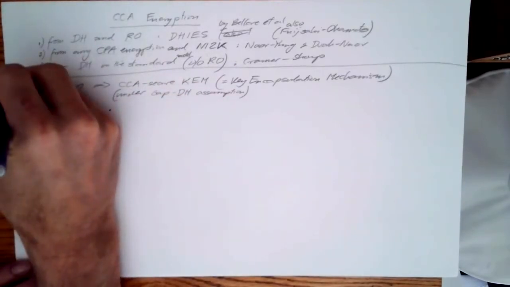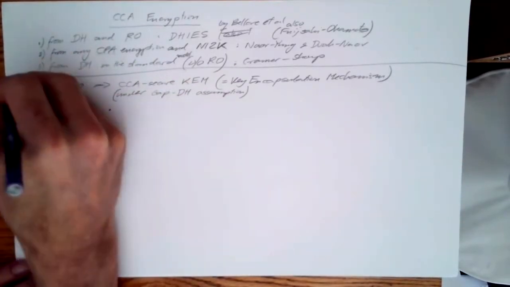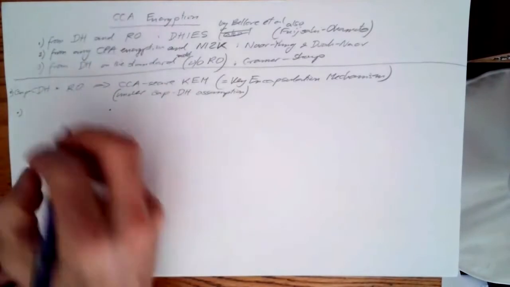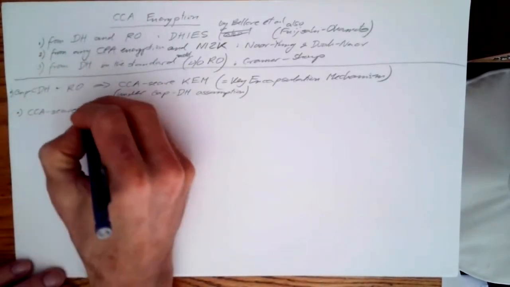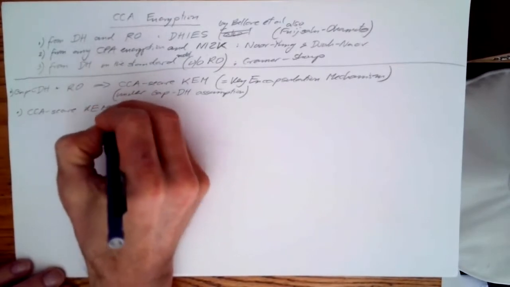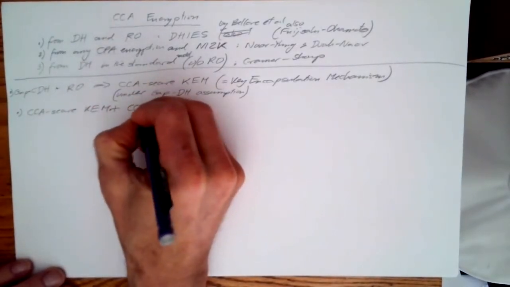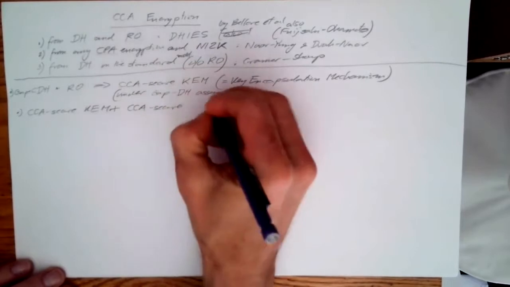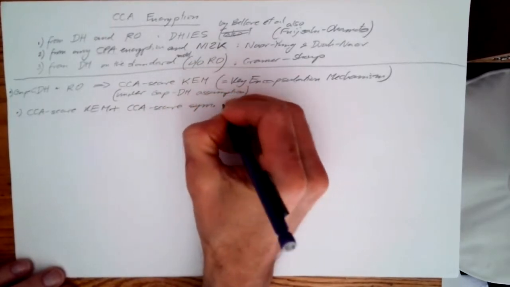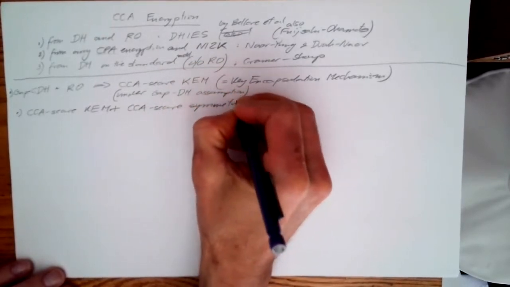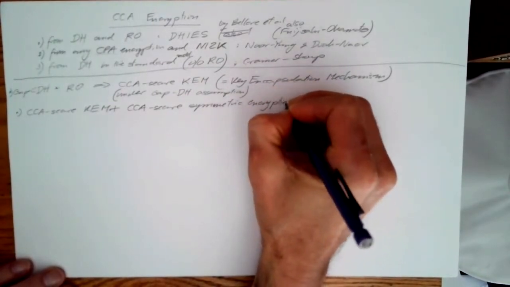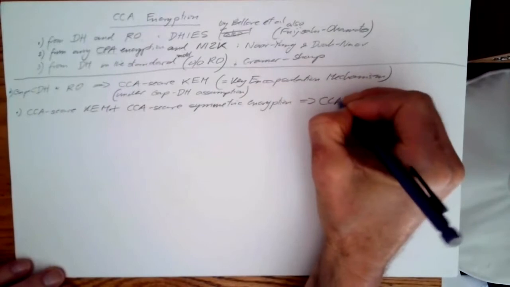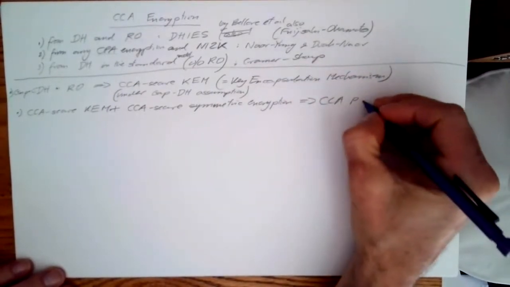So that's one thing, and then CCA secure KEM plus CCA secure symmetric encryption give you CCA public key encryption.